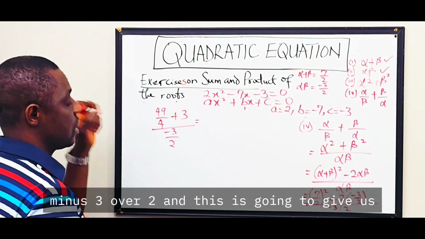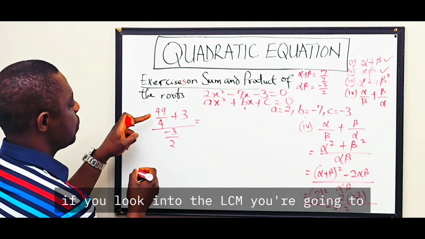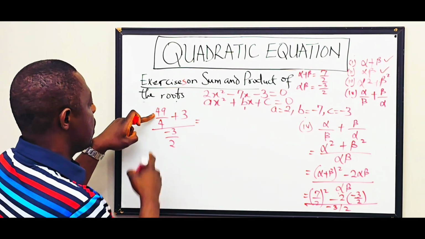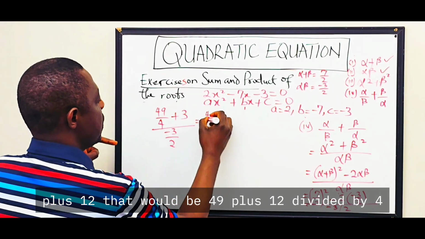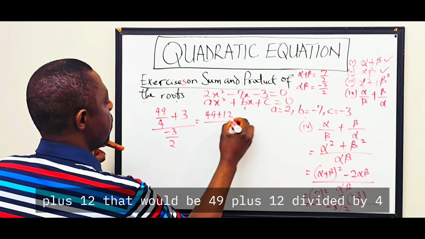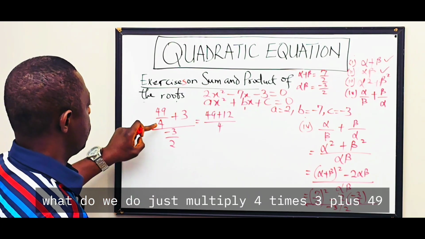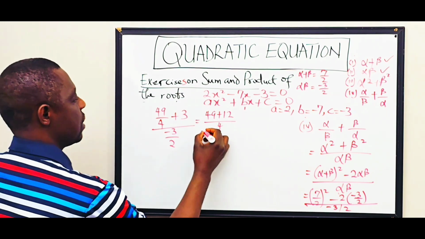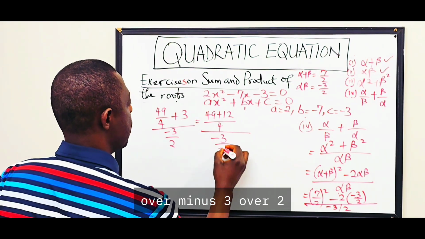And this is going to give us, if you look into the LCM, the LCM is going to be 4. So we have 49 plus 12 divided by 4. What do we do? Just multiply 4 times 3 plus 49, divided by 4. We give you this, over minus 3 over 2.